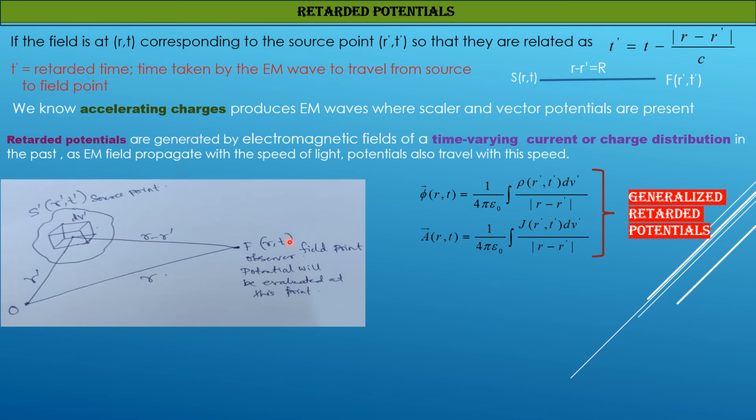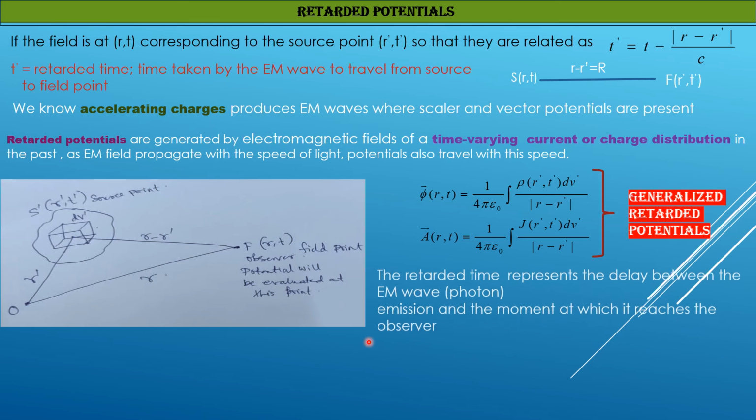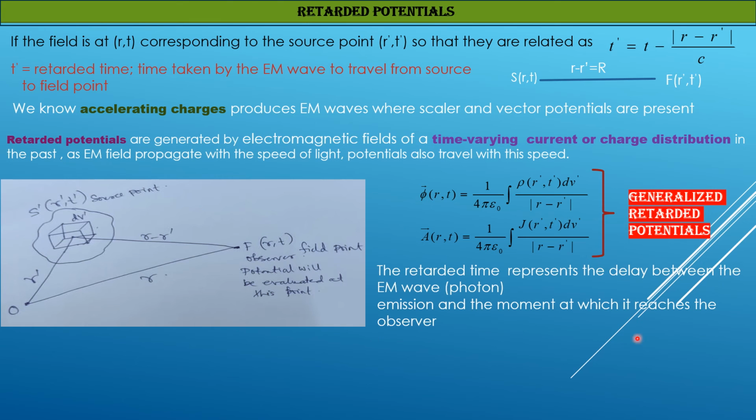It is not t that matters, what matters is t prime, which is there in the source terms, rho and J at t prime. These are called retarded potentials, that means potentials at an earlier time. This is the time delay between the electromagnetic wave emission and the moment at which it reaches the observer.